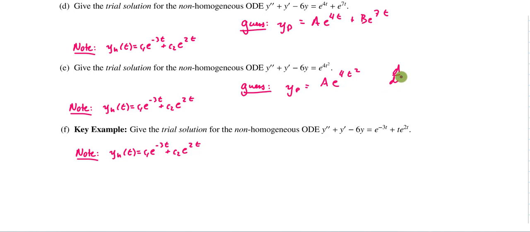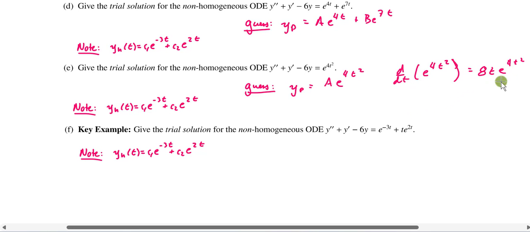If you were to take d/dt of e^(4t²), what I'm trying to point out is that this would give me 8t e^(4t²). I'll put that up here.